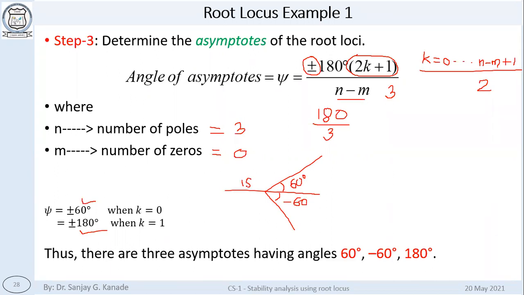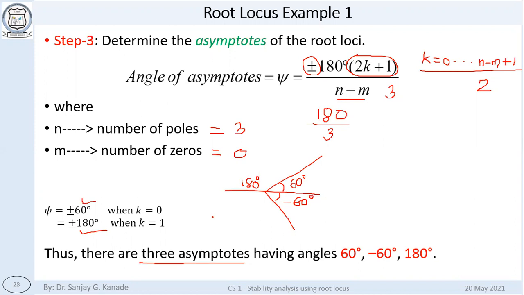Even though we have 4 values, there are only 3 distinct angles, because plus 180 and minus 180 is the same line. Therefore, there are only 3 distinct asymptotes having angles 60, minus 60 and 180.